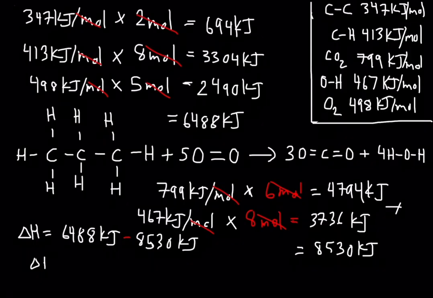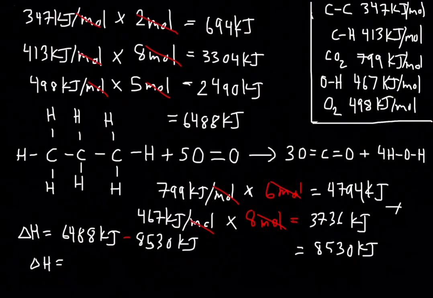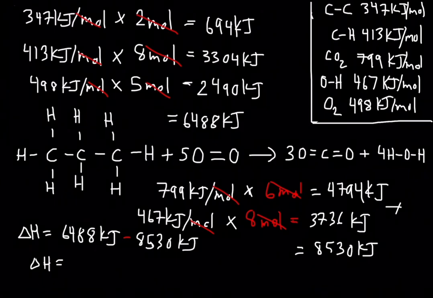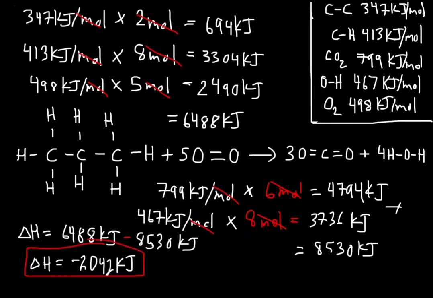And delta H, the enthalpy change, is 6,488 minus 8,530 kilojoule, and this gives negative 2,042 kilojoule. So this is the enthalpy change of this reaction.